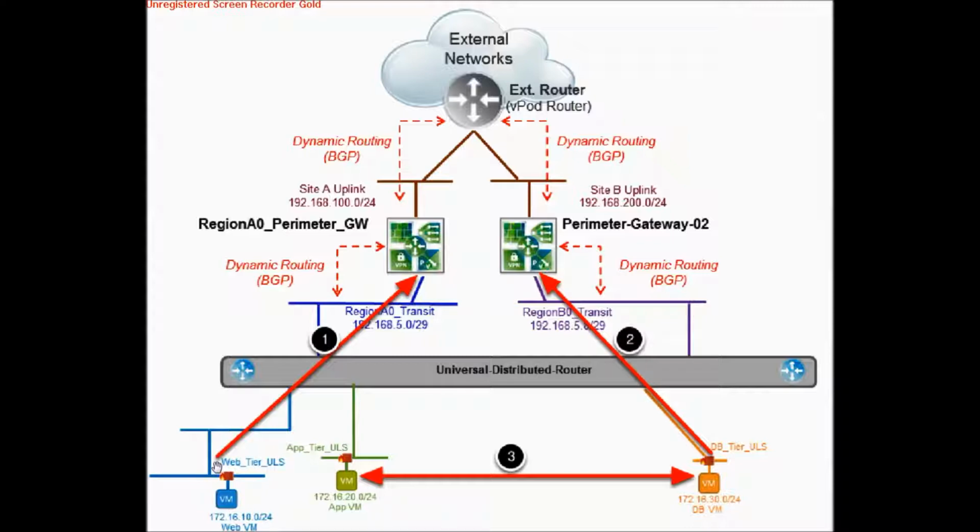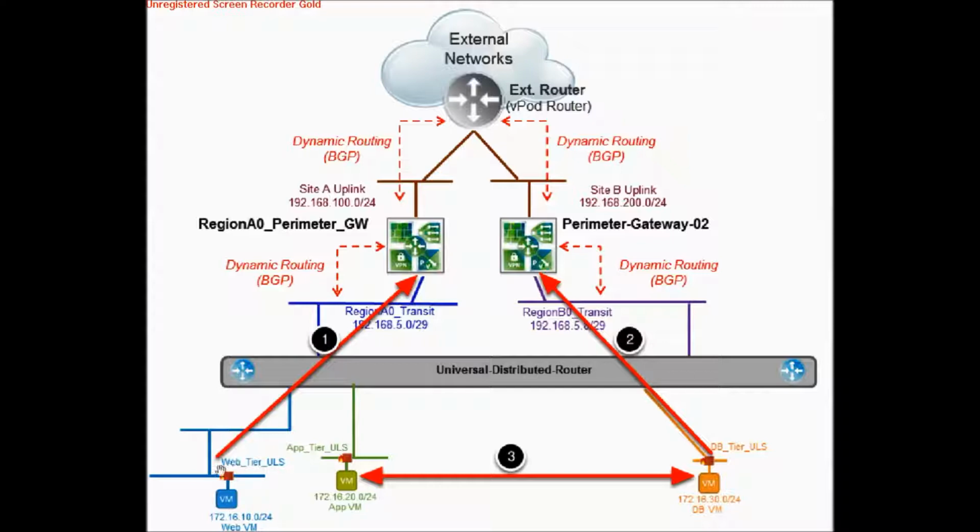For north-south communication, to the perimeter gateway Edge Services Gateways, this Universal Distributed Logical Router has been configured for ECMP and local egress. Local egress enables egress optimization per site. Traffic is routed through the ESG at the site the traffic originated from.